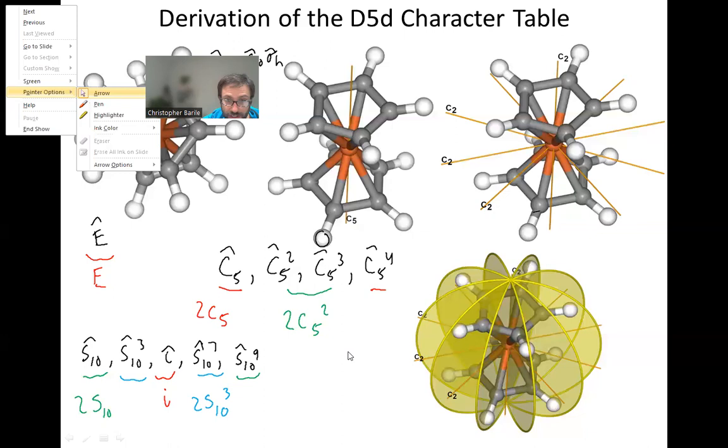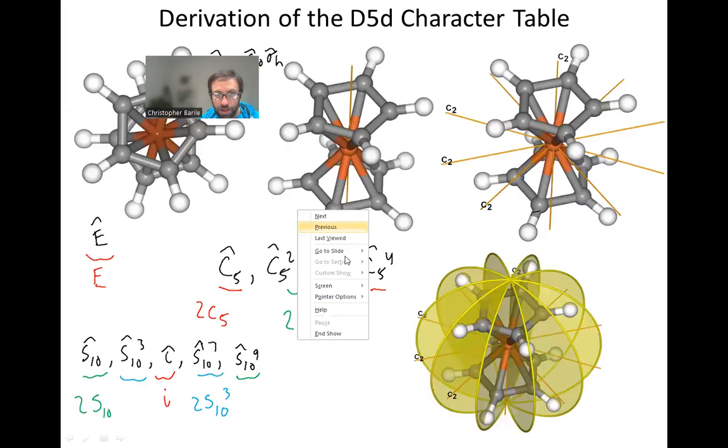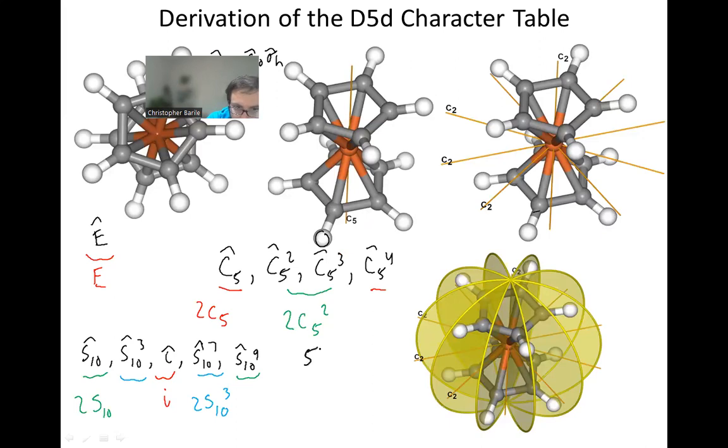And so if we put all this together, we've got to include our 5C2 class. It contains all these C2s. We could call the operations C2 prime, C2 double prime, C2 triple prime, C2 quadruple prime, C2 quintuple prime, but that doesn't really help us.